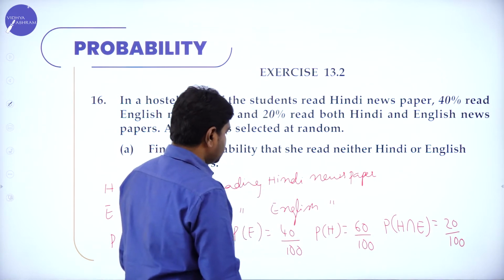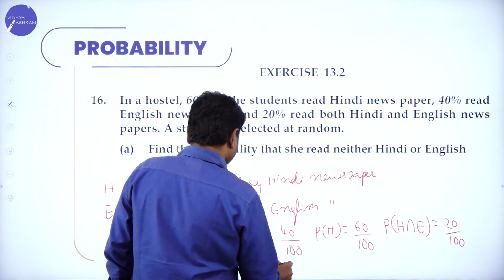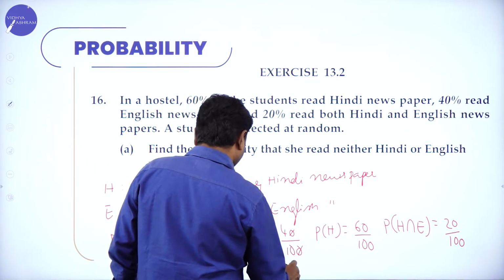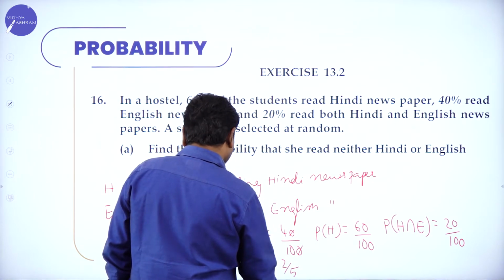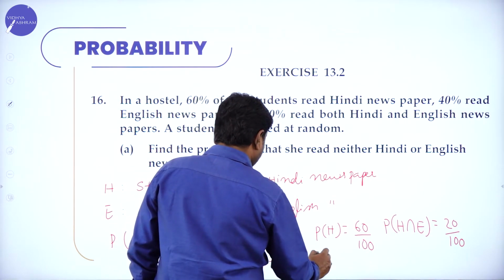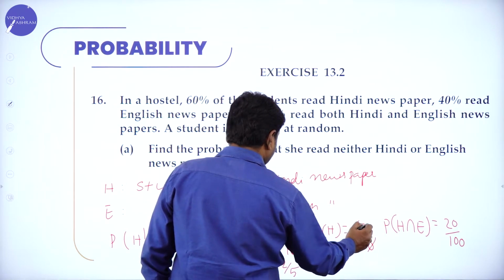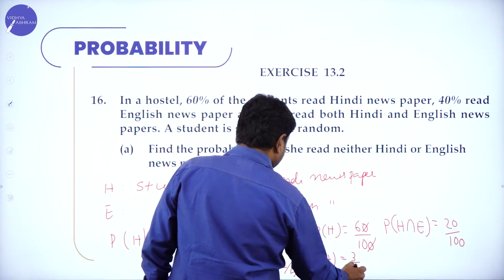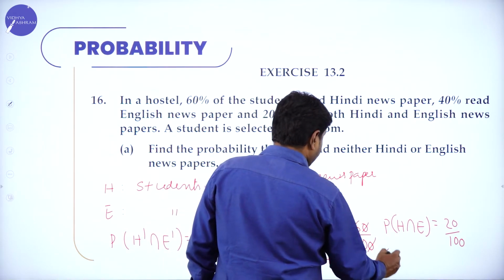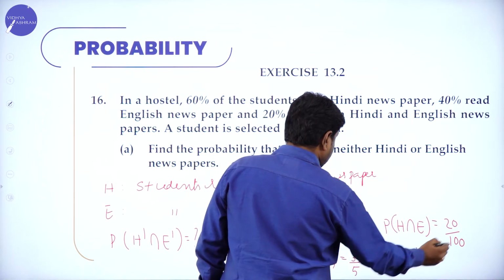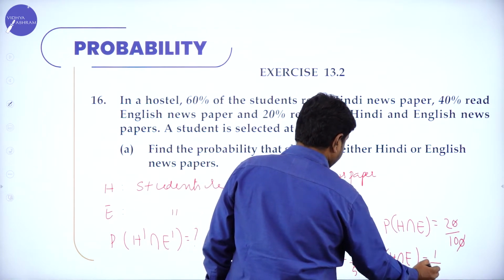If you simplify, the zeros cancel: P of E is 2 by 5, P of H is 3 by 5, and P of H intersection E is 1 by 5.